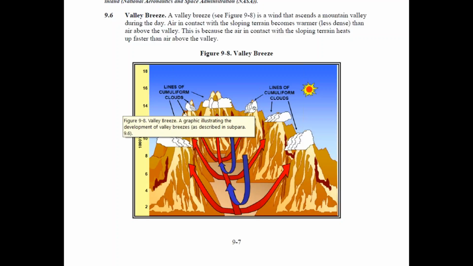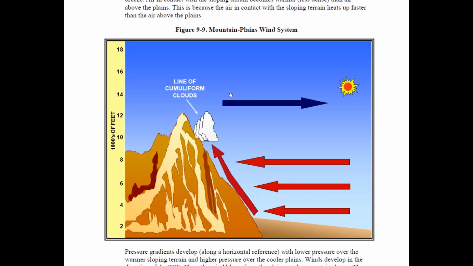Let's see. It's wind that ascends a mountain valley during the day. Air in contact with the sloping terrain becomes warmer than air above the valley. This is because air in contact with the sloping terrain heats up faster than the air above the valley. Let's see, that one shows it good there.